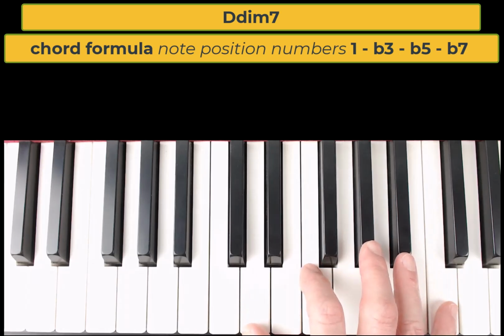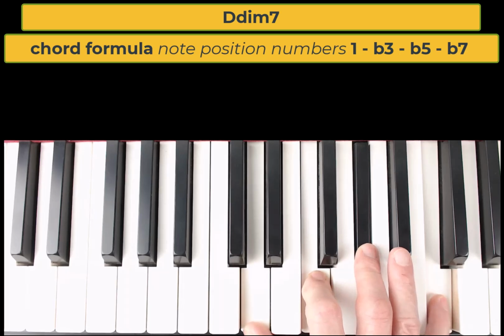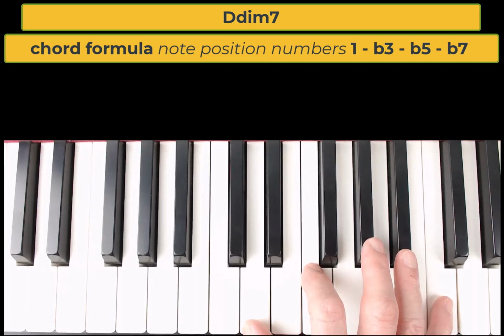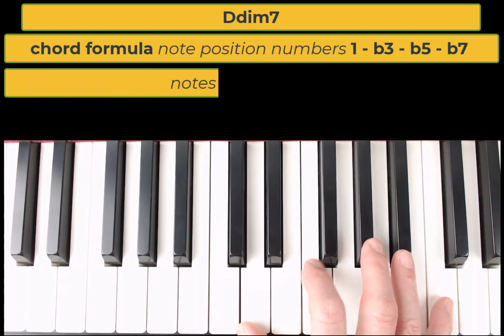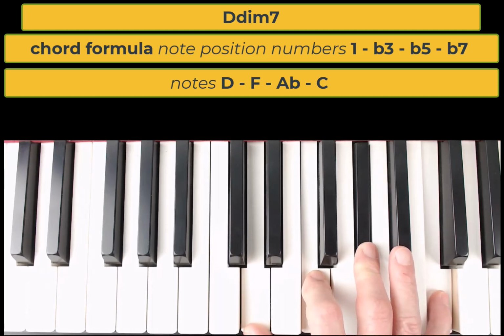So the D diminished 7th ends up having the same notes as the D minor 7th flat 5. The D, F, G sharp or A flat, and then the C is our flat 7 note. So that's kind of an interesting phenomenon.